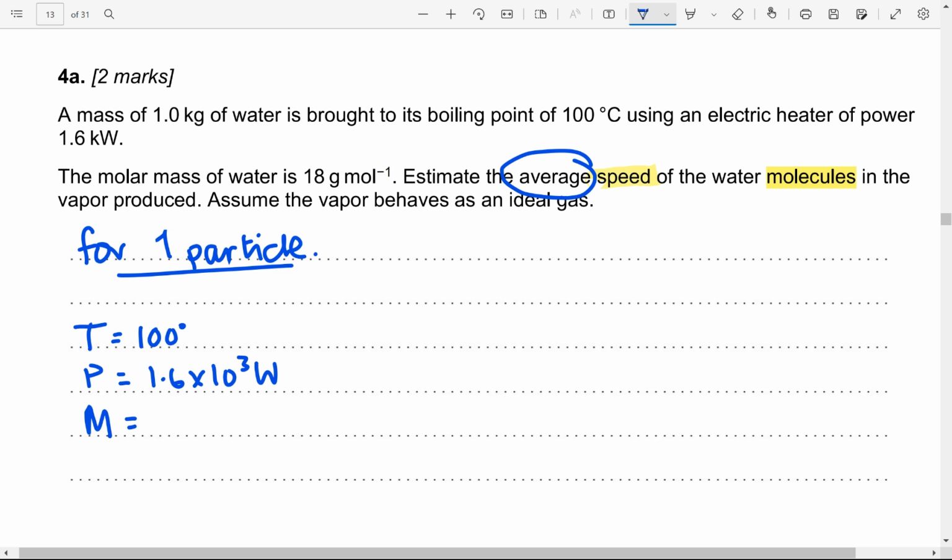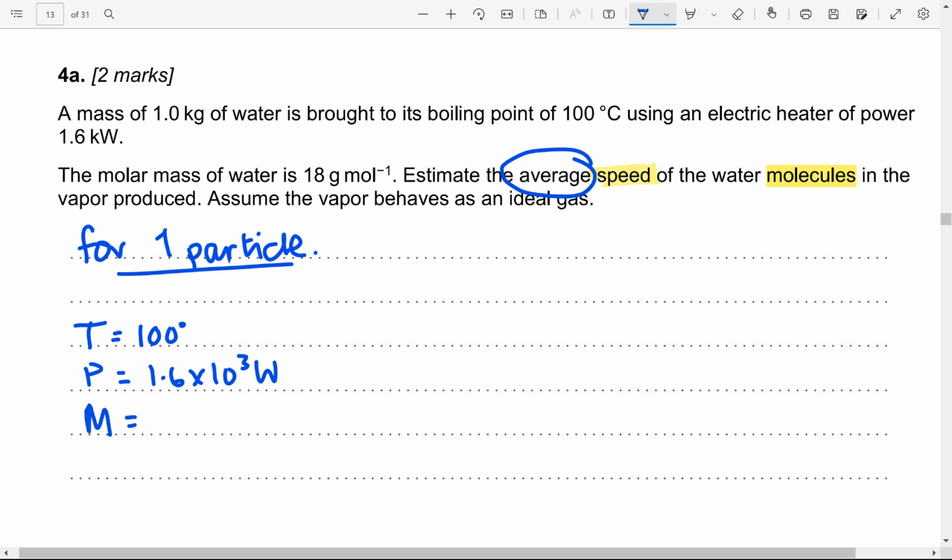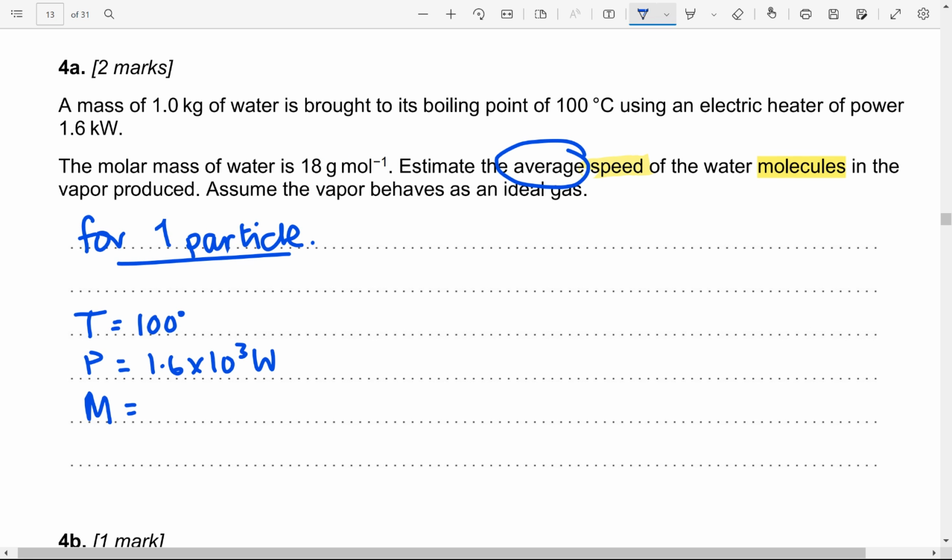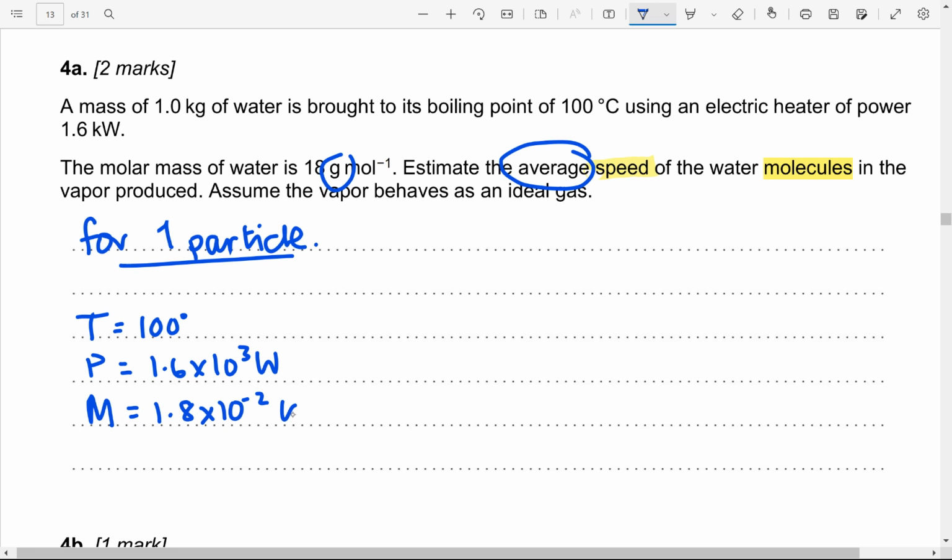We've got the molar mass, capital M, which is 18 grams, so 1.8 times 10 to the minus 2. And then we're trying to find V.